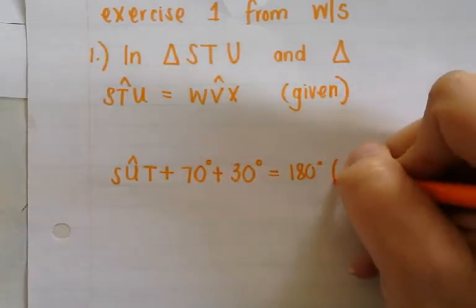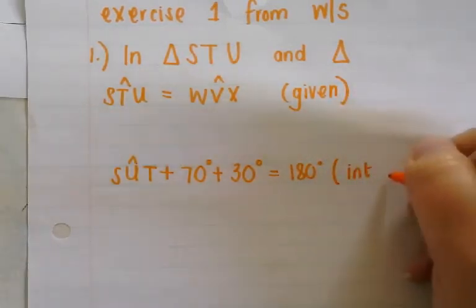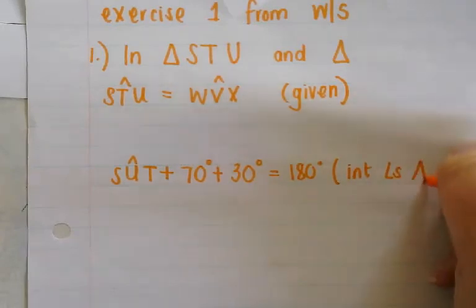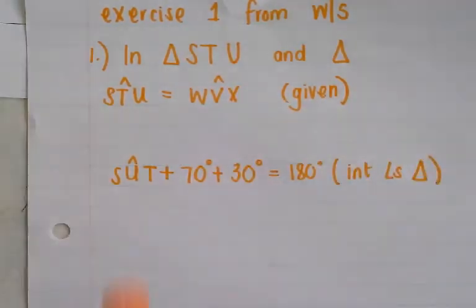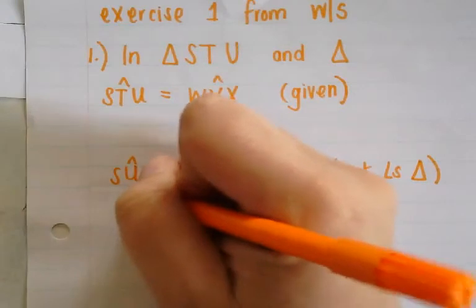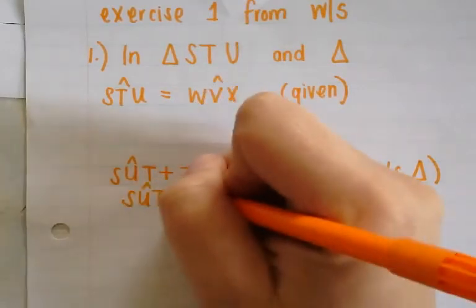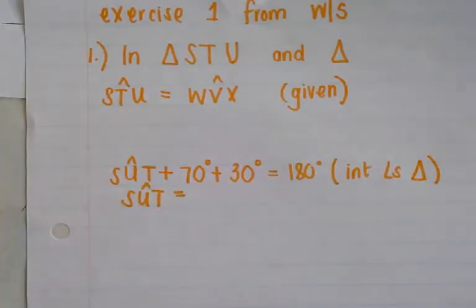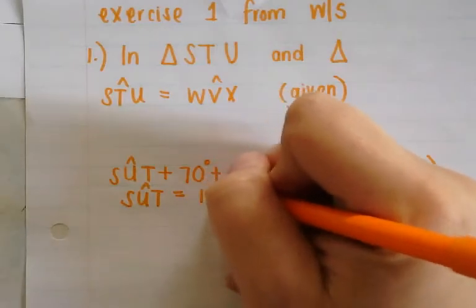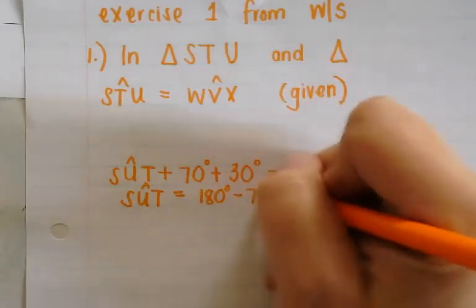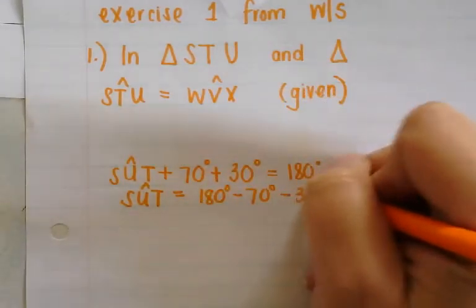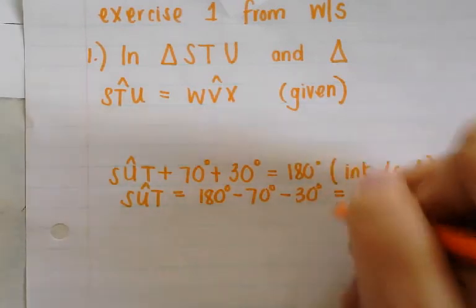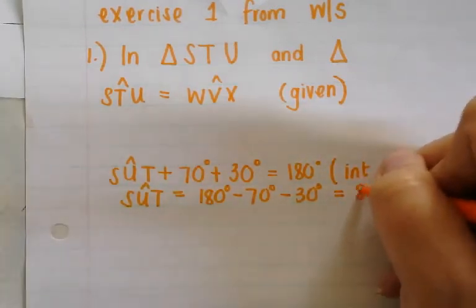My reason for that? Int angles of triangle. Therefore, SUT is equal to 180 degrees minus 70 degrees minus 30 degrees, which is 80 degrees.